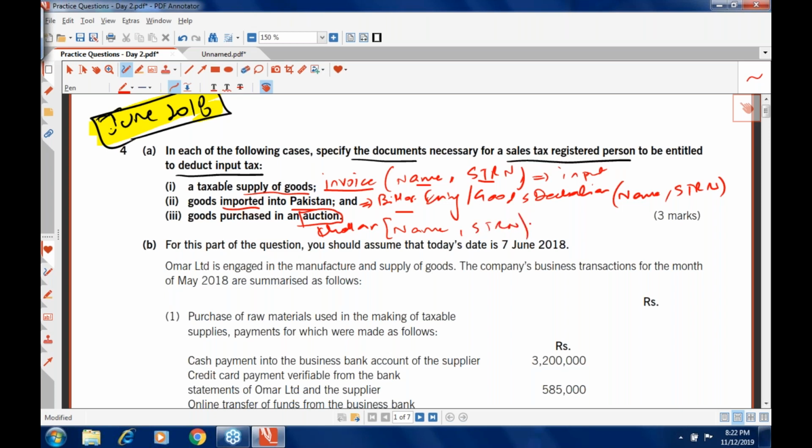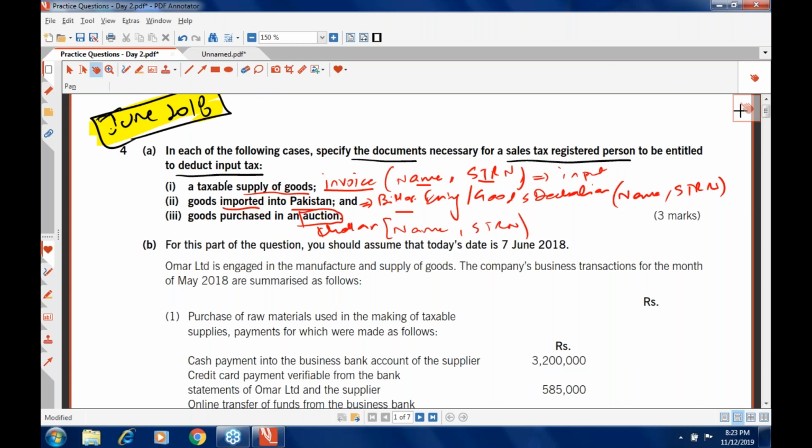So remember, your identity, that it's actually your purchase and a valid input tax that you can claim, would only be confirmed when you are holding an invoice, or a bill of entry, or a treasury challan, and all of them should have your name and your sales tax registration number. Then you can claim the input, otherwise you cannot claim input.